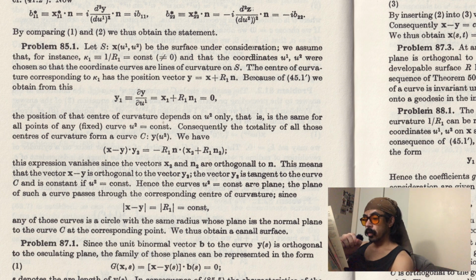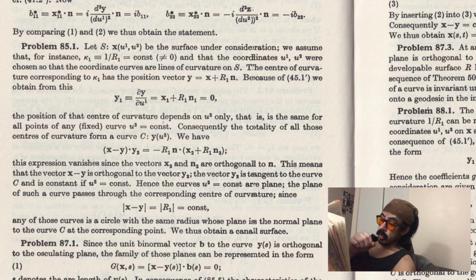Consequently, the totality of all those centers of curvature form a curve where we have capital C that has a vector parametric representation y in terms of solely u2. We now have where the vector x minus the vector y, then scalar product with y2 equals negative capital R1, then times vector n scalar product with the quantity vector x2 plus capital R1, then times vector n2 closed quantity.